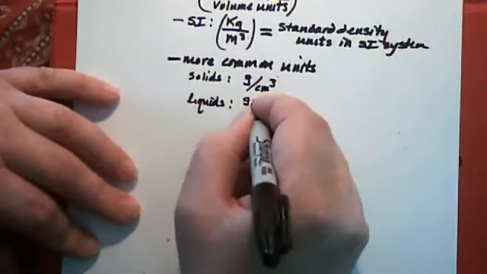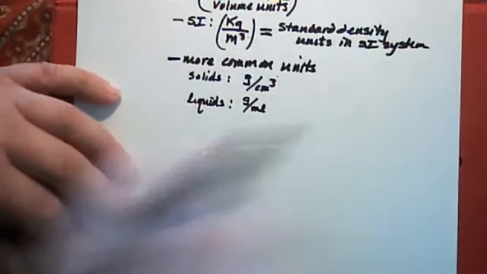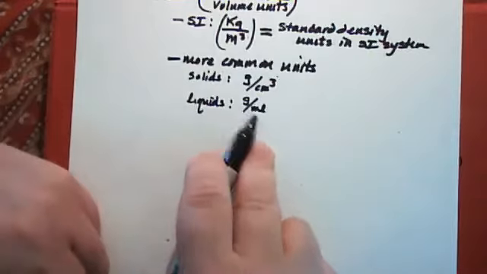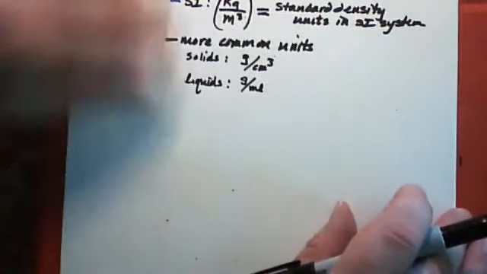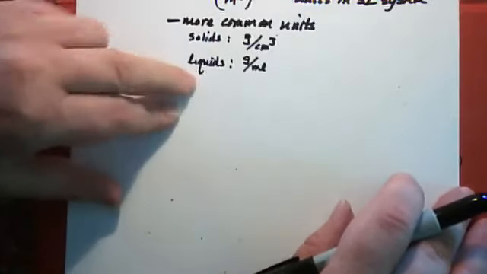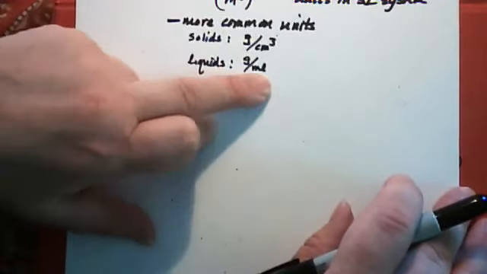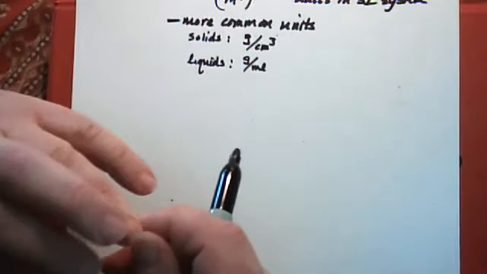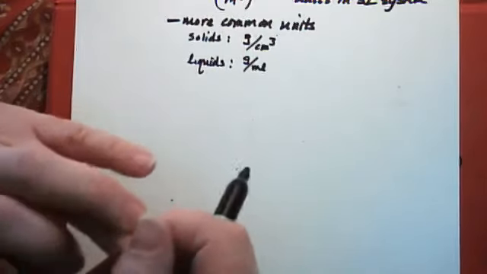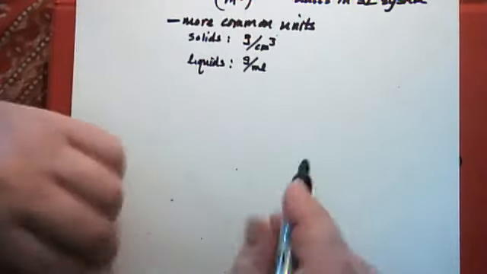For liquids, the most common unit would be grams per milliliter. Again, grams because it's a reasonable size unit for most laboratory size samples. And also milliliters because most liquids are measured in glassware in the laboratory, which is marked off in milliliters.